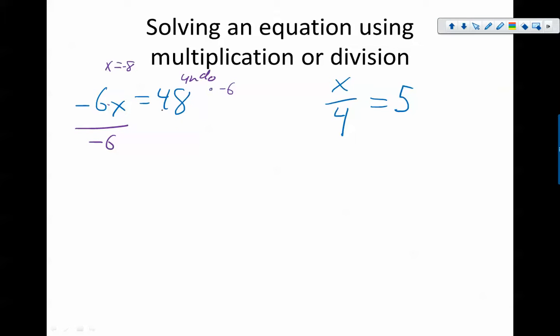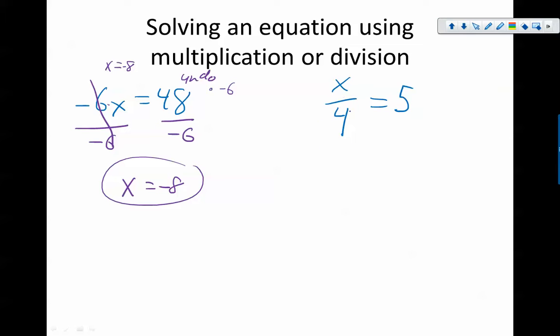If I did that to the left, I have to also do that to the right. So negative 6 divided by negative 6 becomes 1, which cancels it out, leaving just x. And then 48 divided by negative 6 is negative 8. So that's that number that we said it should be. Again, multiplication undoes division. Division undoes multiplication.